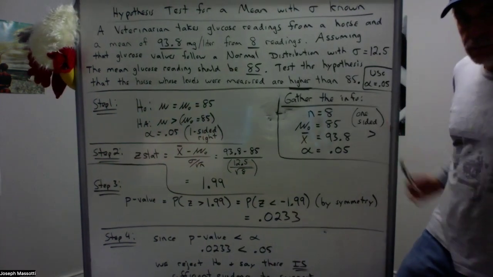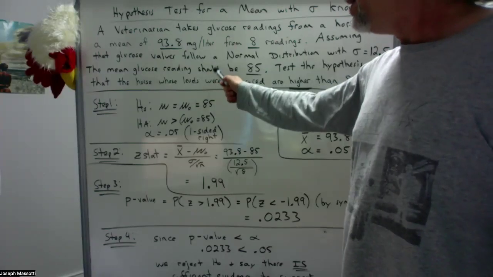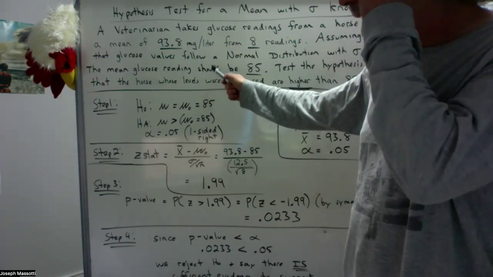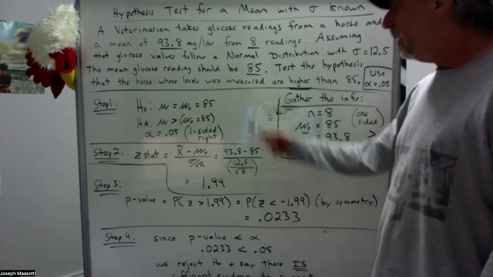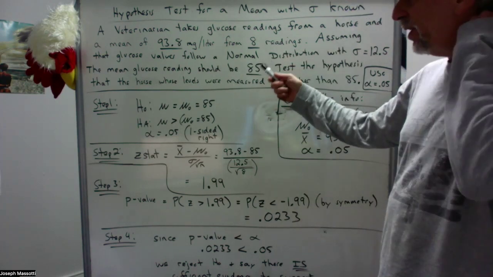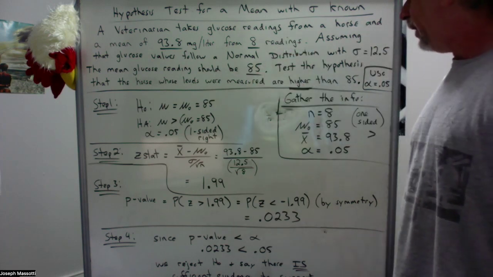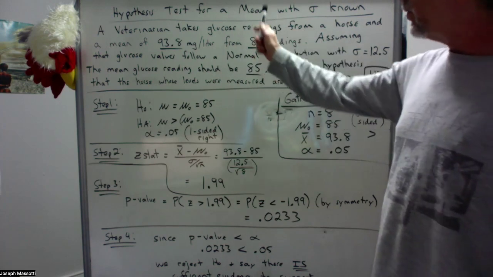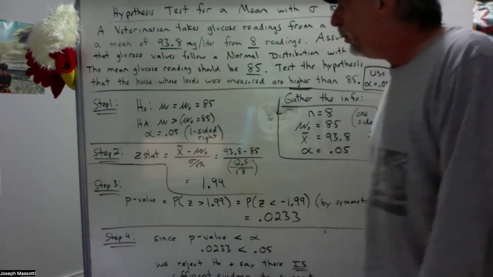All right, we go into the test thinking that the mean glucose reading should be 85. That's our null hypothesis. The readings for horses of this type, average mean glucose reading should be around 85. So we took 8 readings from this one horse over some period of time and got an average of 93.8.